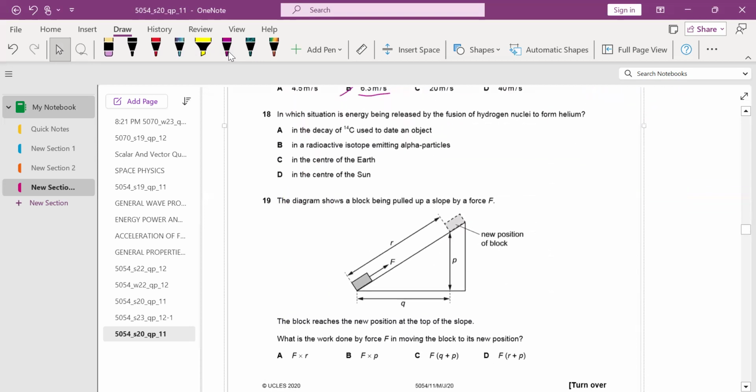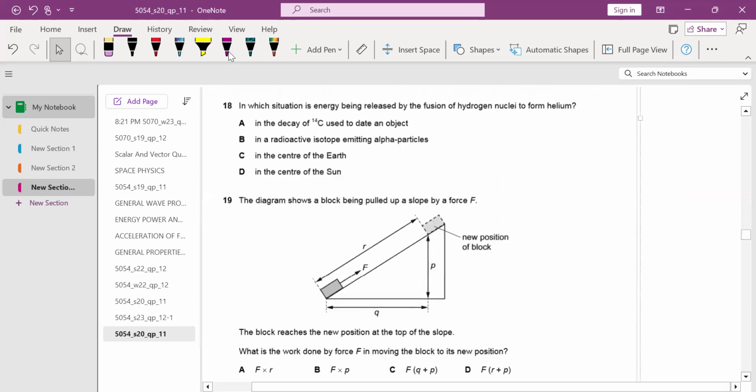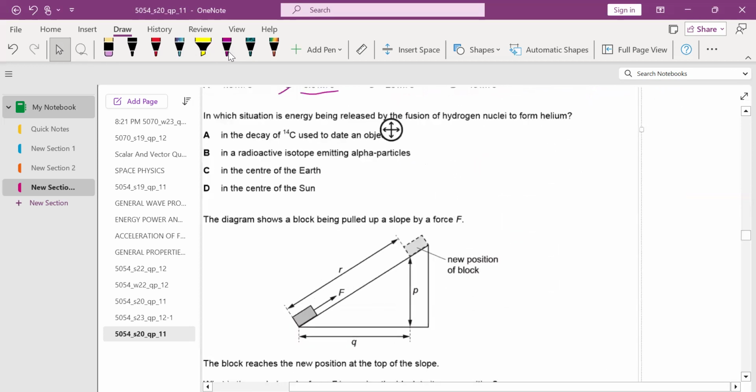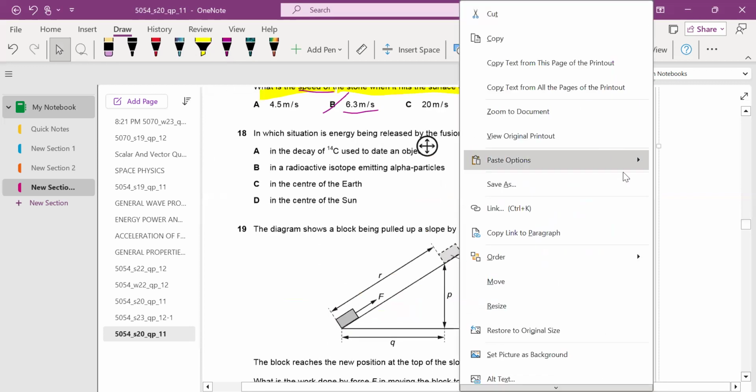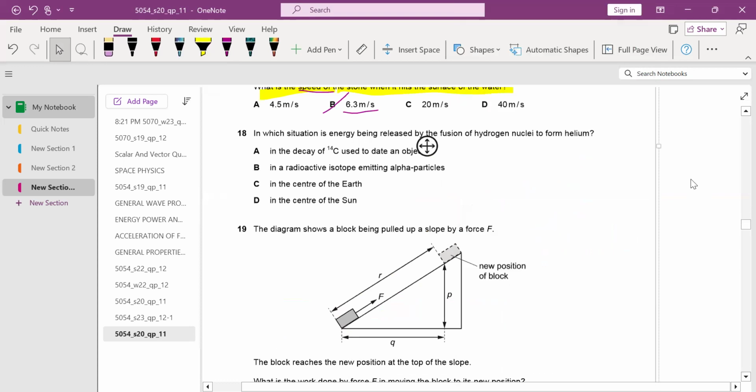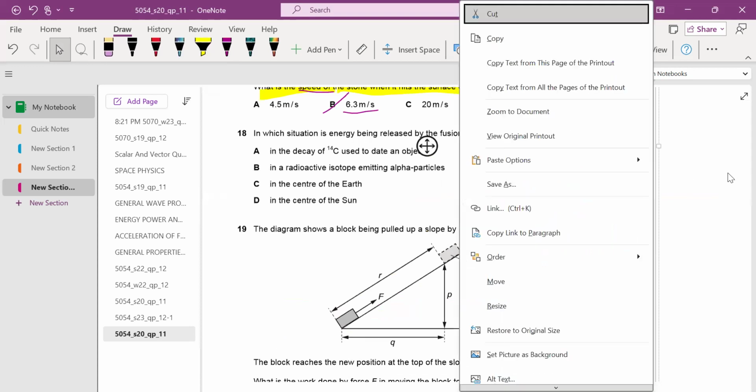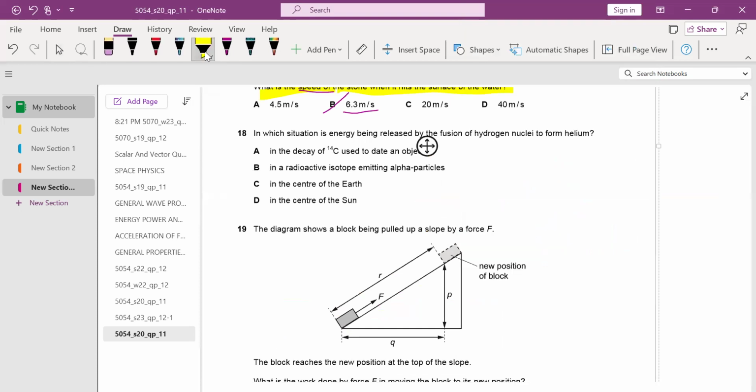Question number 18. In which situation is energy being released by the fusion of the hydrogen nuclei to form helium?